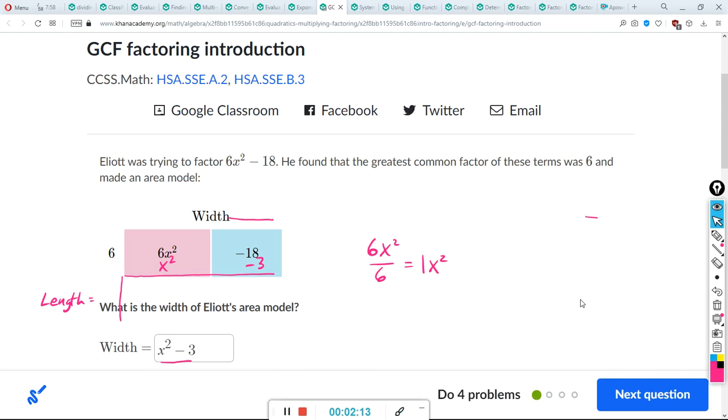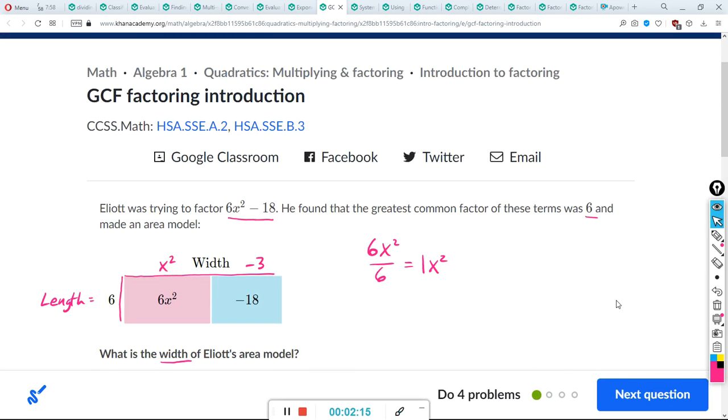The point of this exercise is just factoring. What they're trying to say here is if you factor a 6 out of this, you can do 6 times x squared minus 3.